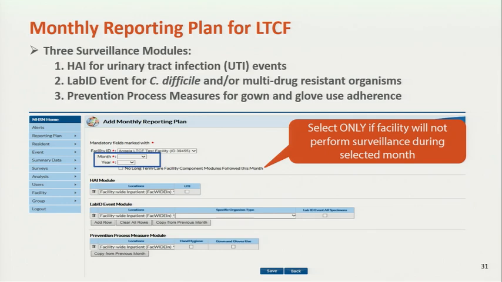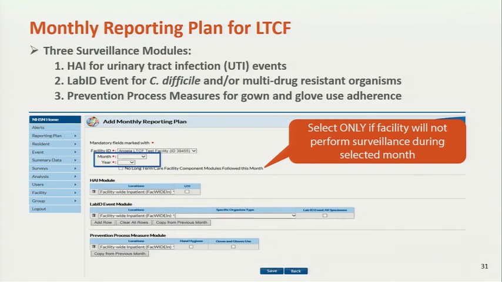You have the HAI, or the Healthcare Associated Infection module, which I talked about earlier. At this time, it allows users to report urinary tract infection events out of that module, and it does use the HAI methodology. The next bucket or module is the Lab ID event module, which gives facilities the option to report C. difficile and or common multi-drug resistant organisms that are available in the application.